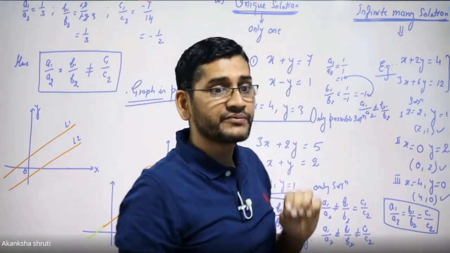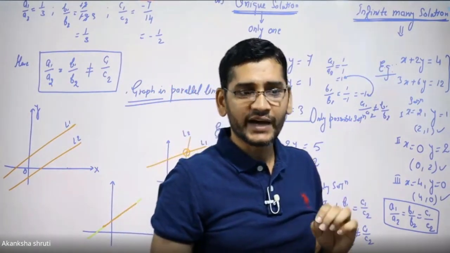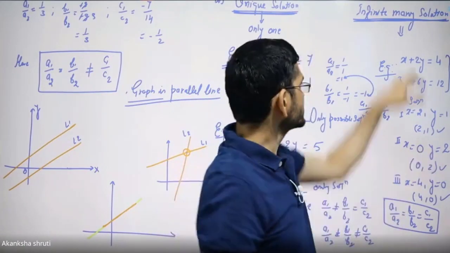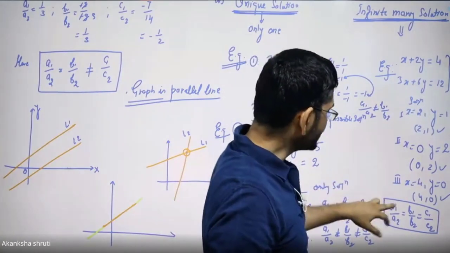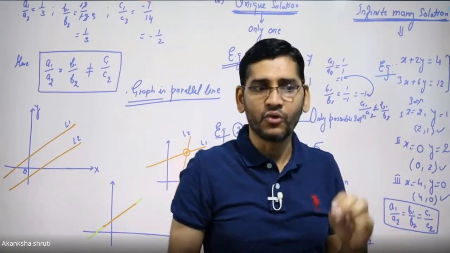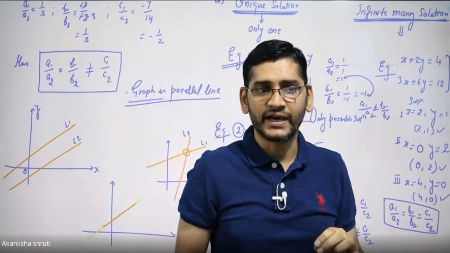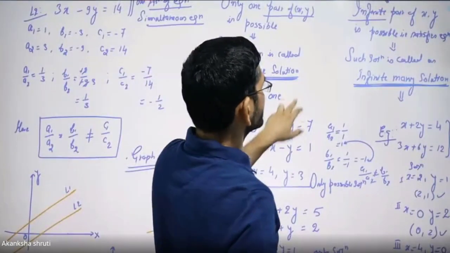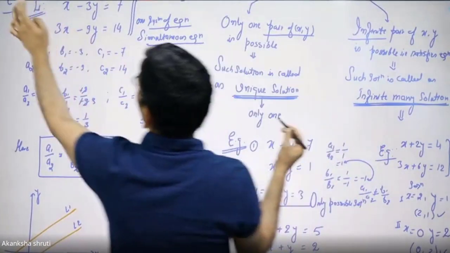Therefore a different name is given. That name is called dependent equations. So such equations, for infinitely many solutions, one more term is there, that is called dependent equations.